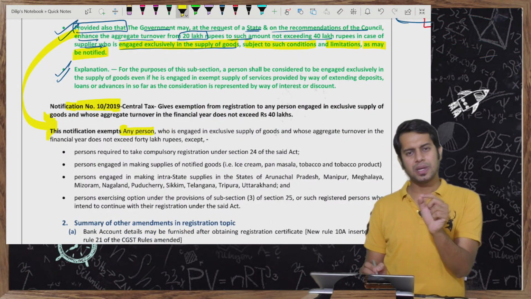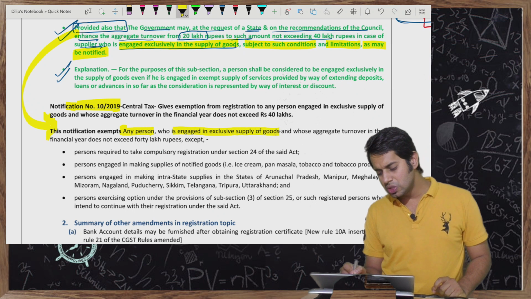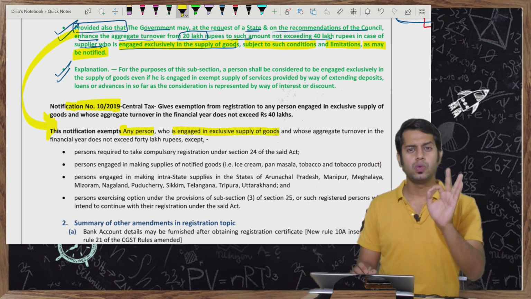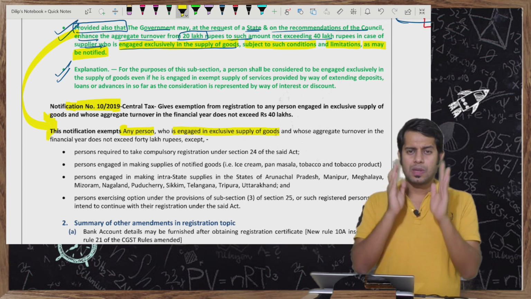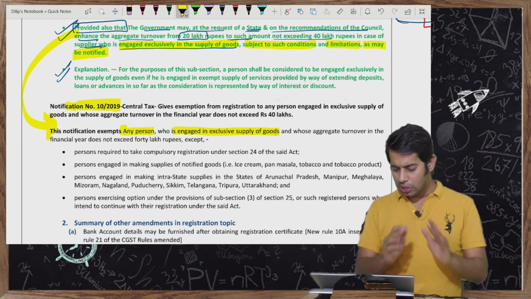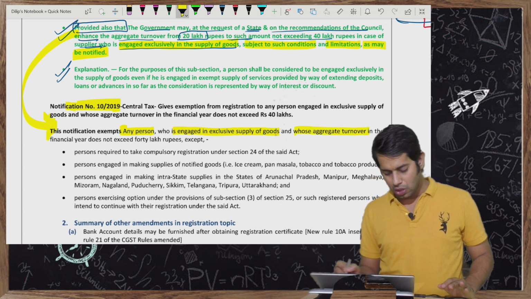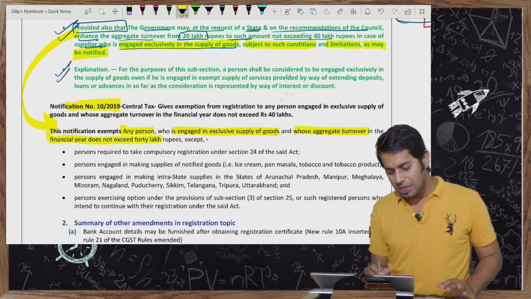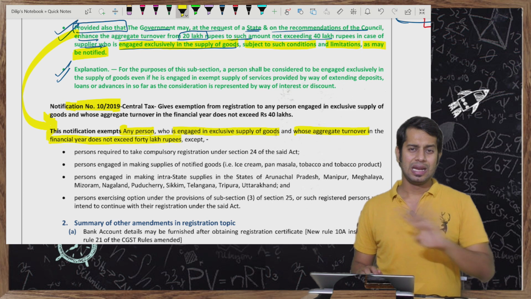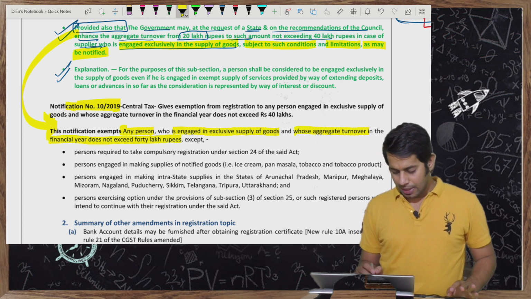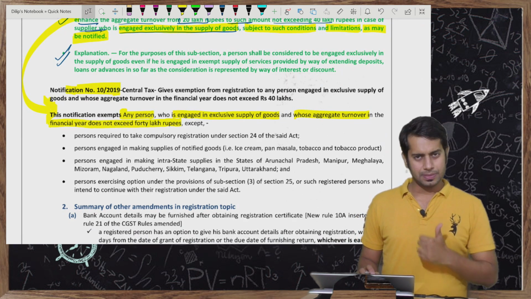It says if you are a person engaged in the business of supplying goods only, and whose aggregate turnover in the financial year did not exceed 40 lakh rupees, then you can opt for this.